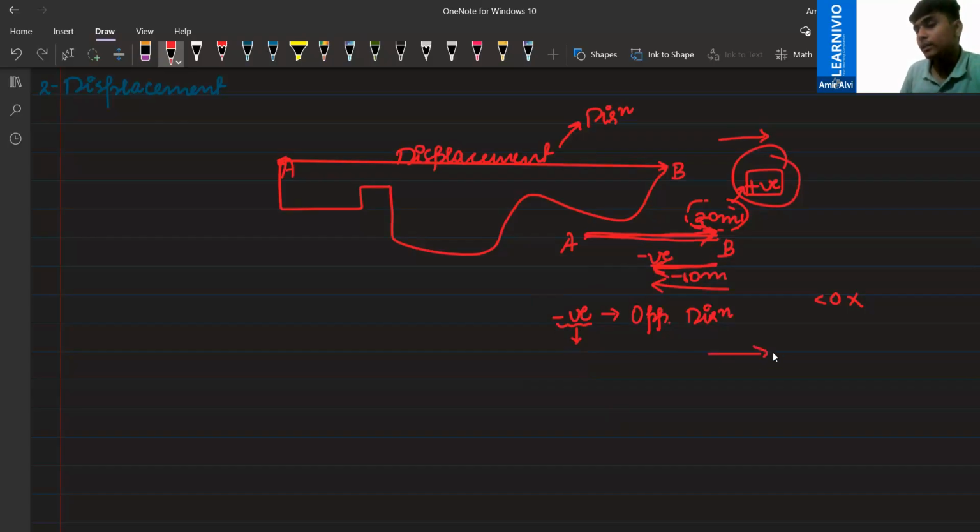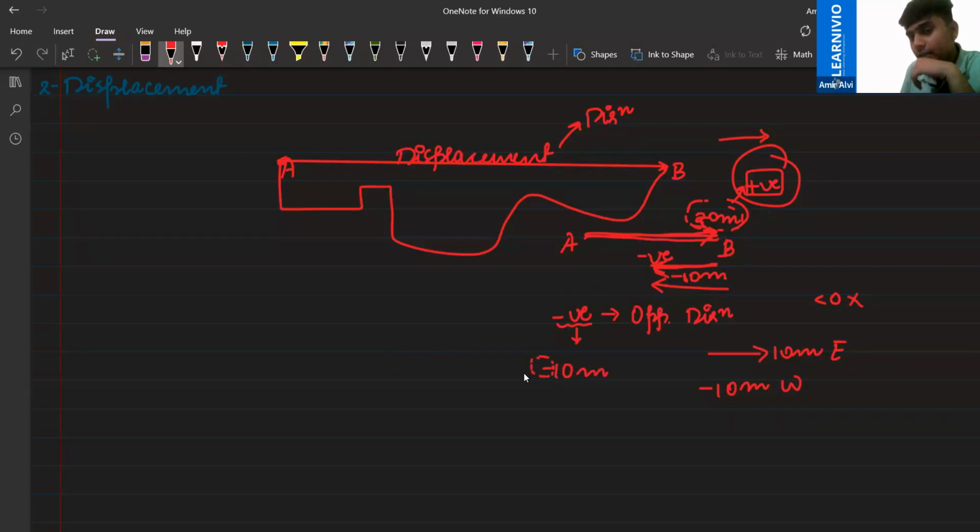Right? Suppose you said I'm going in this direction for 10 meter. Another person is going minus 10 meter. What do you mean by minus 10 meter? He's going opposite to the direction. That means, suppose this is east, that person is going west. And suppose negative 10 is there.